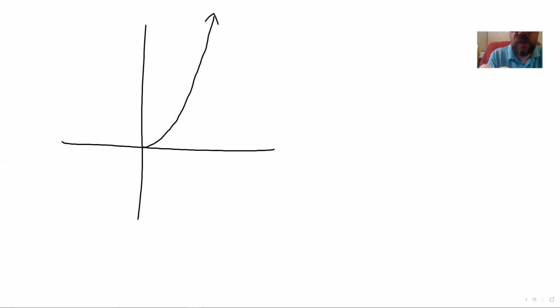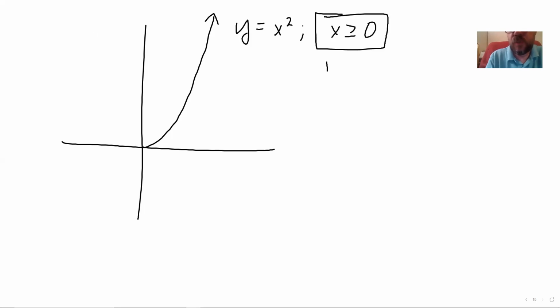So this is y equals x squared, where x is greater than or equal to 0. Right? So this right here is a domain restriction. This function is one-to-one.